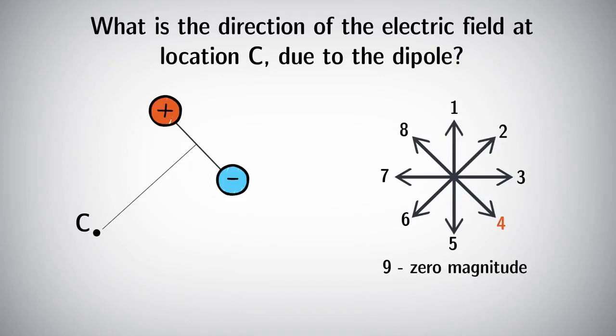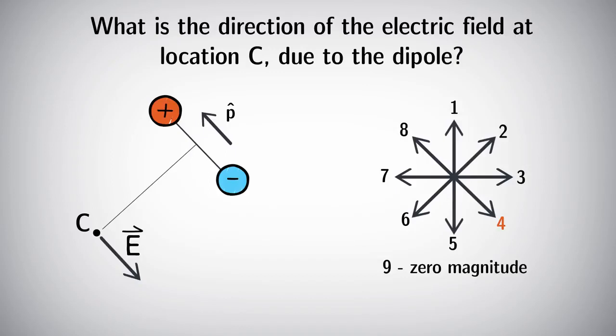As we discussed earlier in this lecture, the direction of the E field at locations on this plane is opposite to the direction of the dipole moment. Since in this problem, the vector dipole moment points in the direction 8, that is, from the negative charge to the positive charge as always, that means the opposite direction is direction 4.